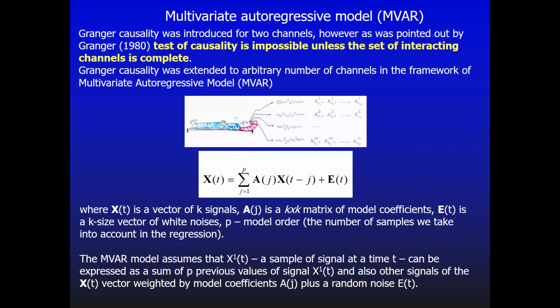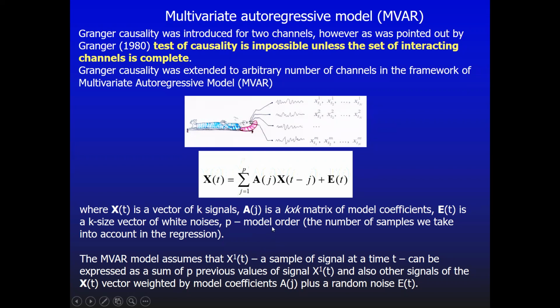Granger causality was extended to an arbitrary number of channels in the framework of the multivariate autoregressive model, where X is a vector of K signals, so we have a set of signals, A_j is a K by K matrix of model coefficients, E(t) is a K-size vector of white noises. P is the model order.